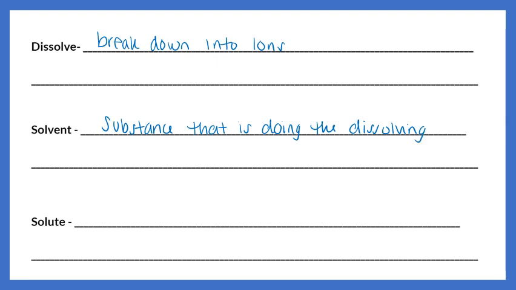So it's the substance that's breaking down ions, okay? And then the solute is a compound or substance that is being dissolved. So we have the word dissolve, which is to break down into ions. We have the word solvent, which is the substance that is doing the dissolving. And we have solute, the substance that is being dissolved.